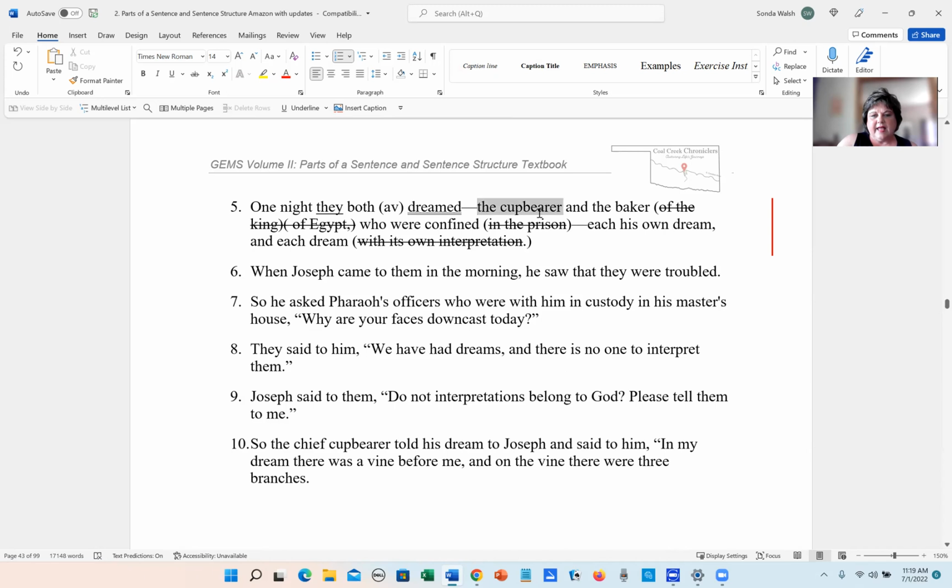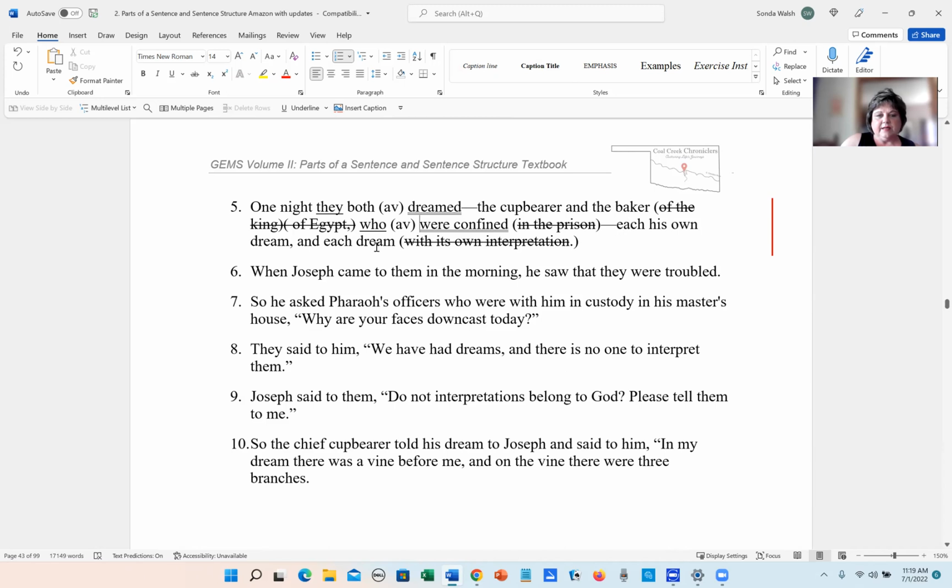So this is an appositive phrase, so we don't have a direct object in that part. The next part is who is the subject, and were confined is the verb. Underline that twice. It is an action verb, so we'll identify that as an action verb. Who were confined what? Again, we don't have anything in that sentence.